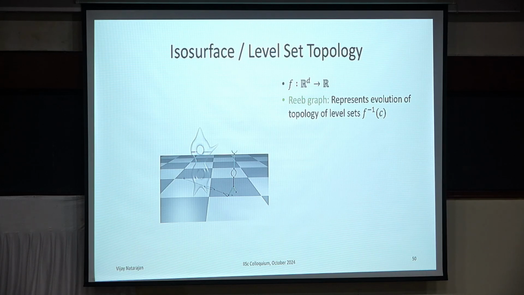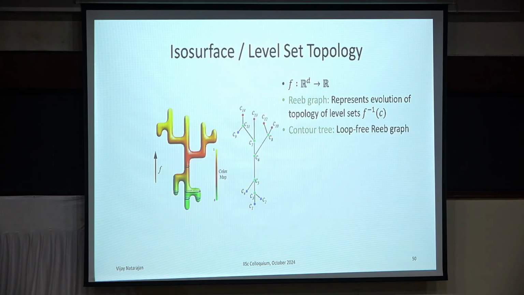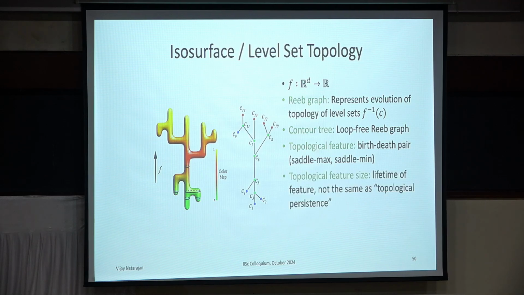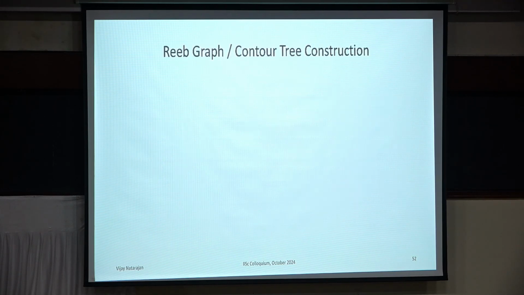It's called the elder rule. This allows us to pair birth and death events, and this is called a topological feature. And this pair is also called in the literature a persistent pair. And it corresponds to a homology class, for those of you who can recognize what that means.